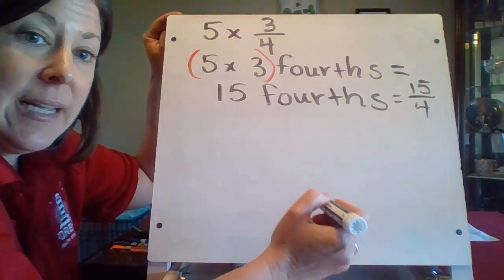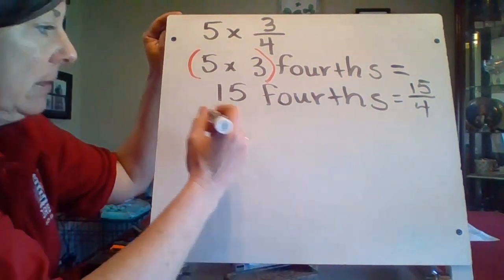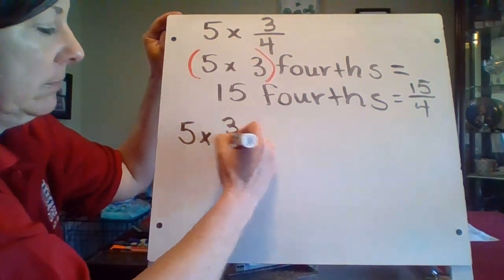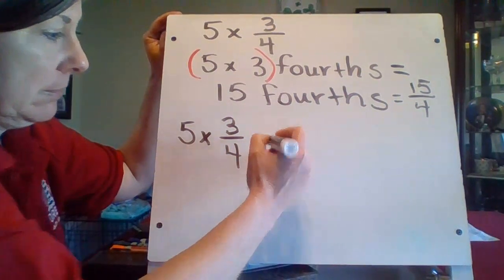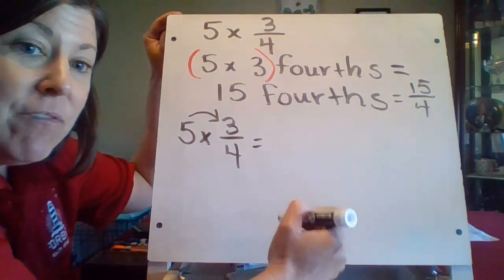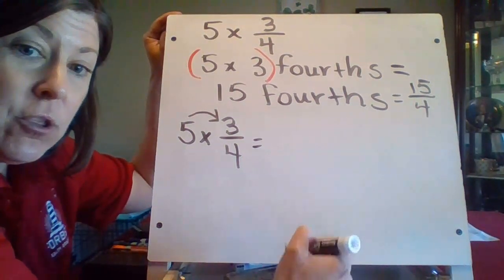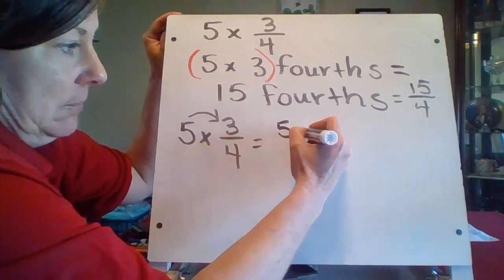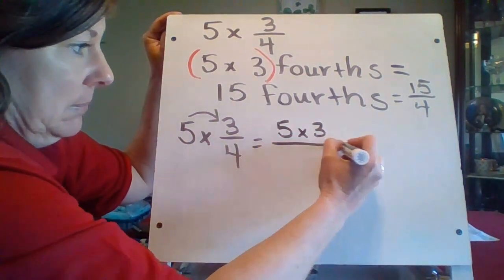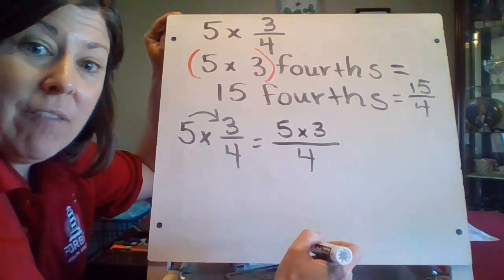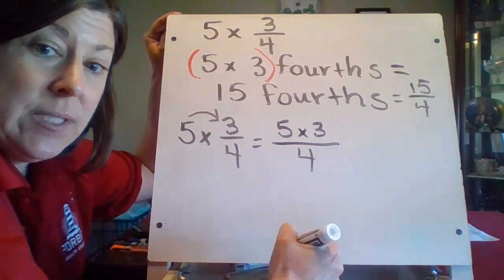Now let's look at it just with my number sentence. I have 5 of the 3/4. So I have my 5 times 3 that I've associated.